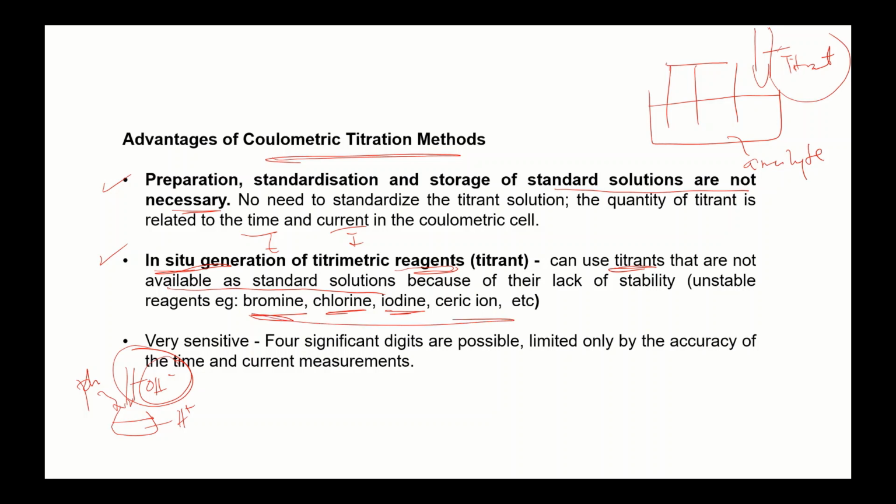If you store these chemicals in bottles and use them a month later, you will see the chemicals are unstable, so it's not very effective for titration. Also, this coulometric titration is very sensitive. You can get to 4 significant digits to find the accurate value of the analyte concentration.